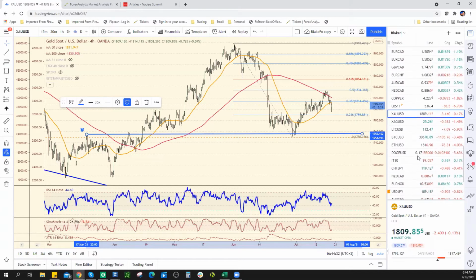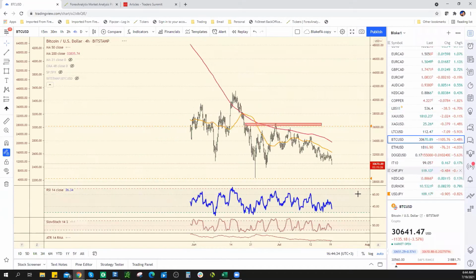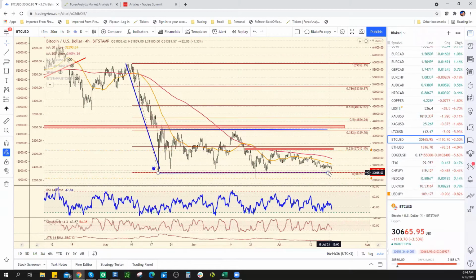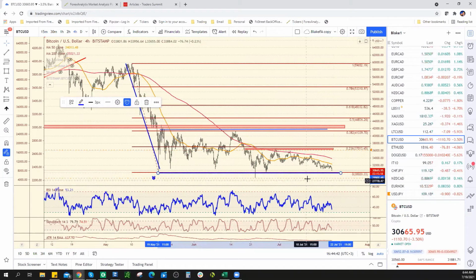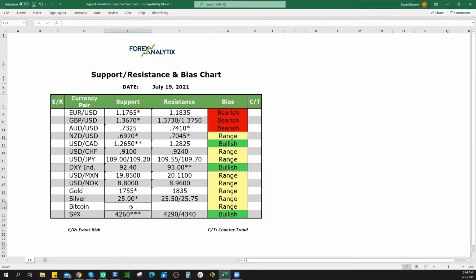Bitcoin is really vulnerable, in my opinion. If we break through 30,000, that should take us right to these spike lows, which is at 28.7, right? So I'm writing down both numbers, 28,700 and 30K, and that is very important support.